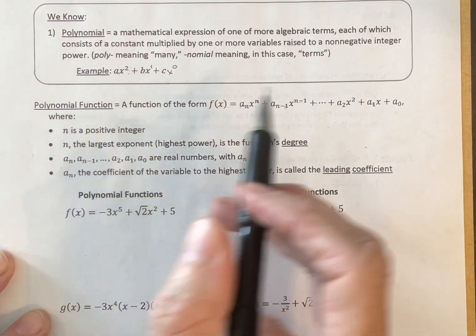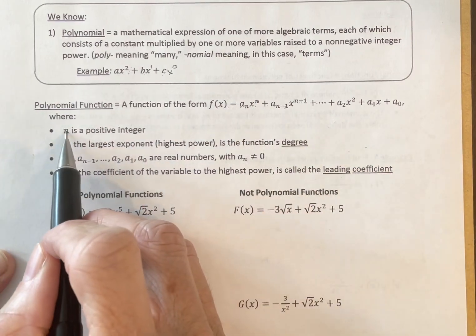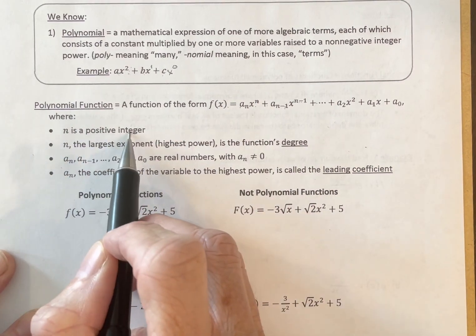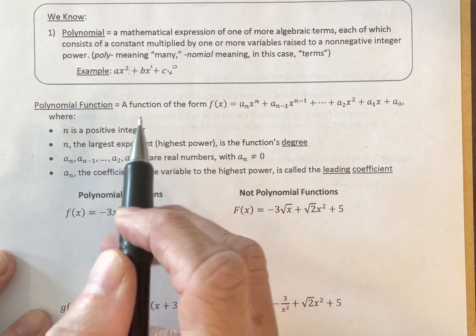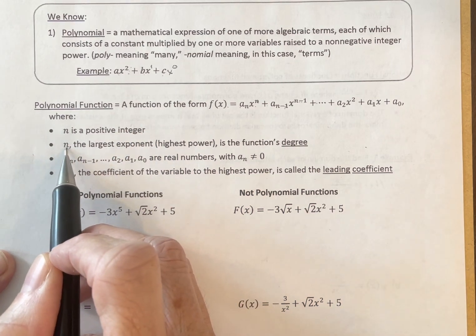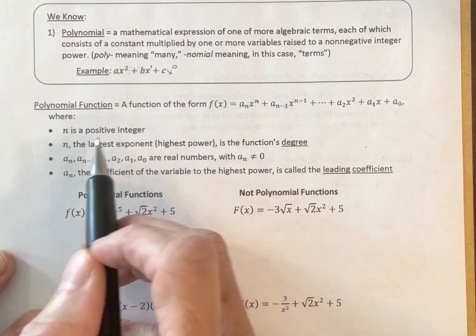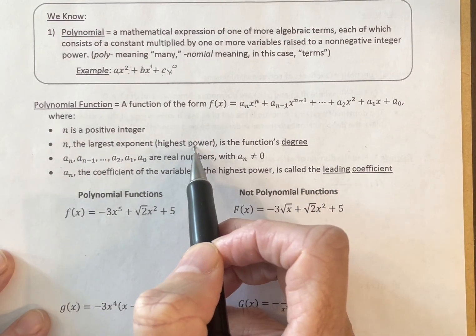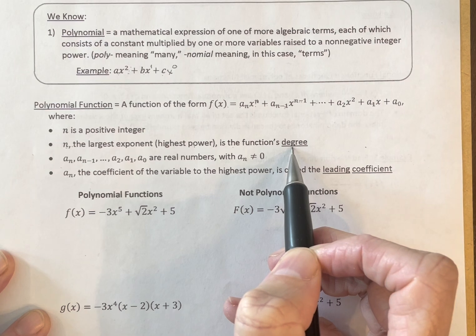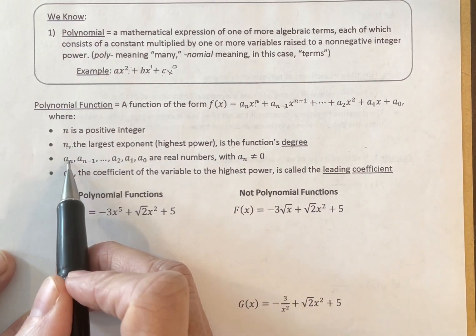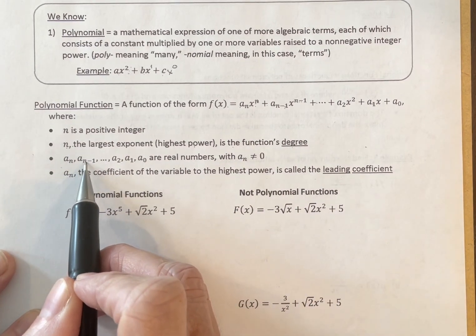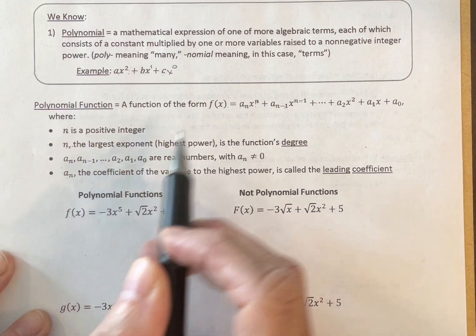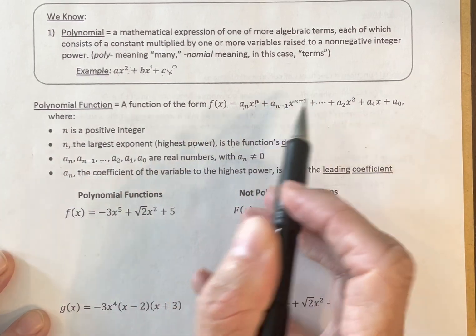Again, our n's are positive integers. The n here, the largest exponent, the highest power, is called the function's degree. A sub n minus 1, etc., a sub 2. These here are the coefficients.